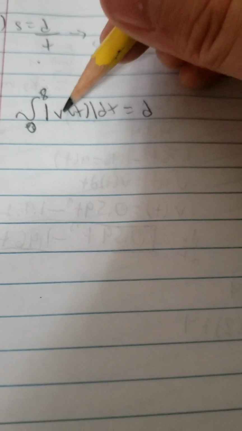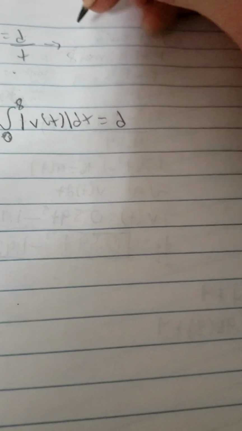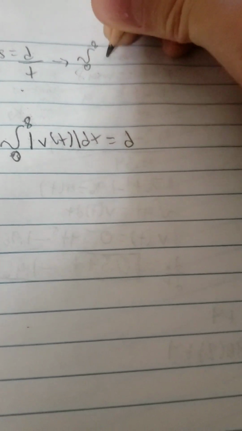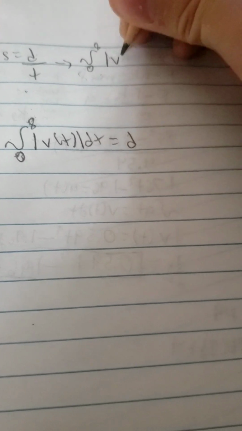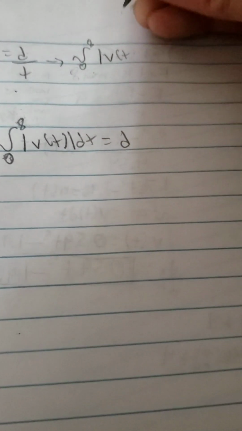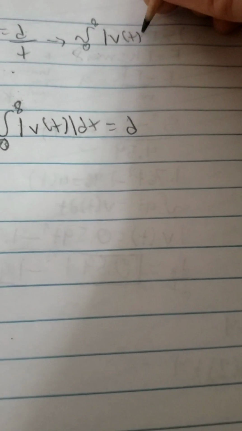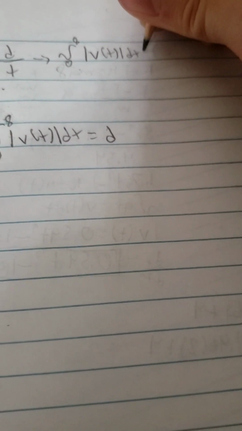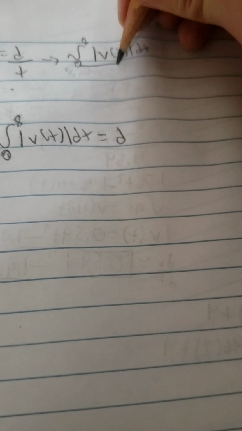So with this information right here, we can just plug and chug in this value. Instead of d, we already have d right here. So the integral from 0 to 8 of the absolute value of v of t, over your time.